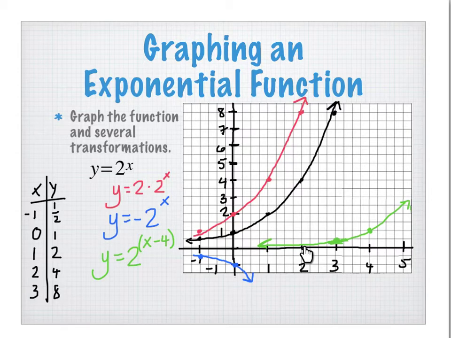One more color. All right, let's get this purple color. How about y equals 2 to the x plus 2? We'll like this one because all that's going to do is take every one of the points that's on the black graph, the original function, and go up 2. So, up 2, 1, 2 to there.